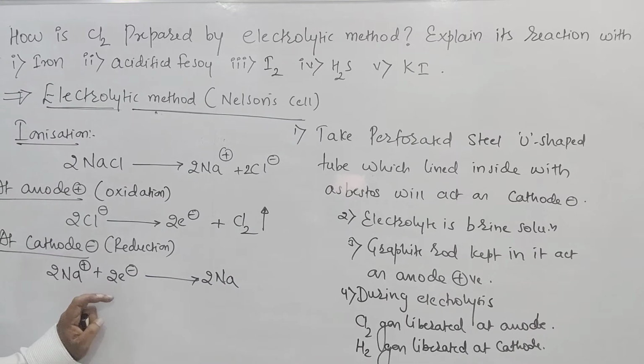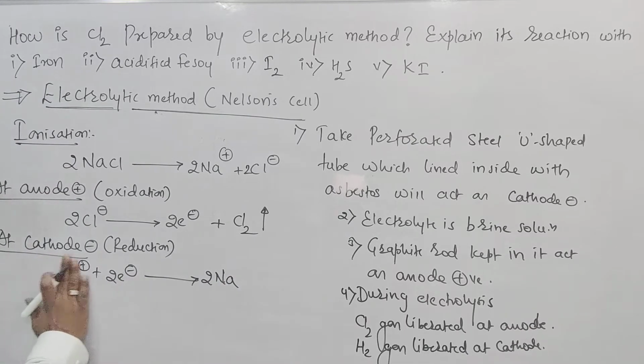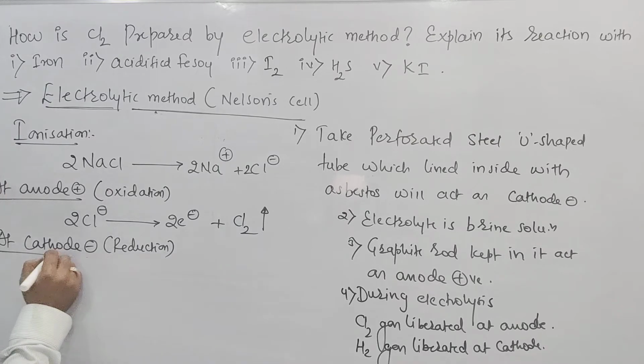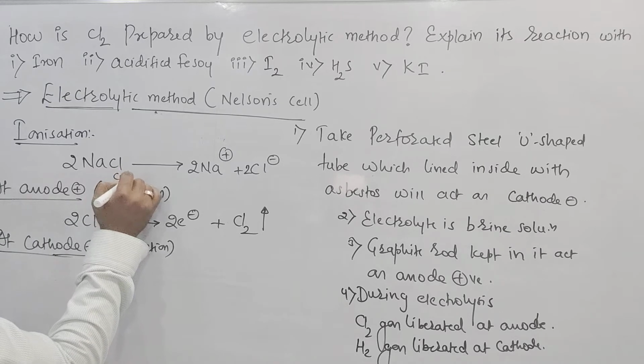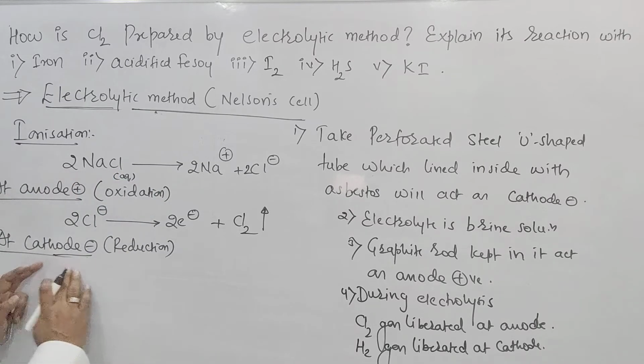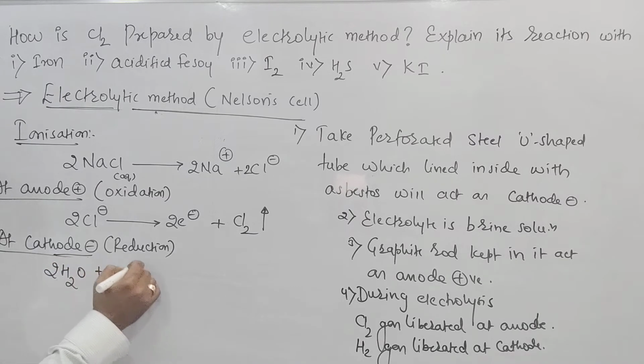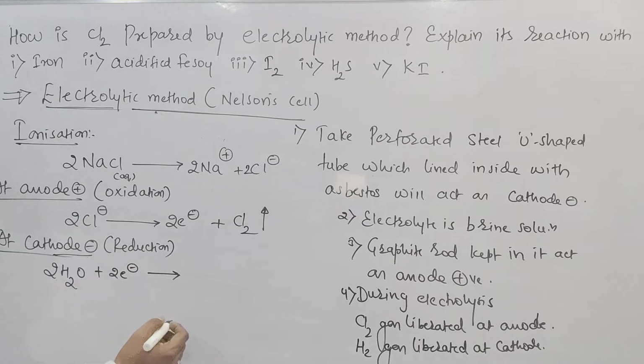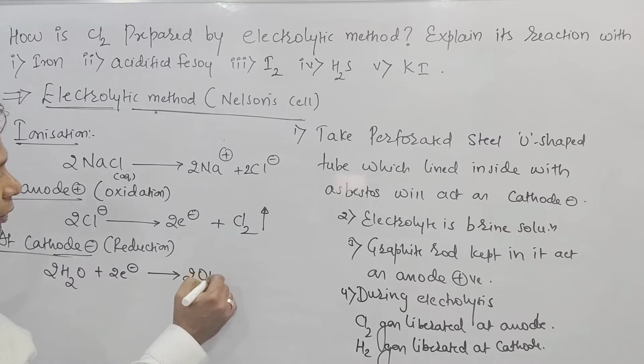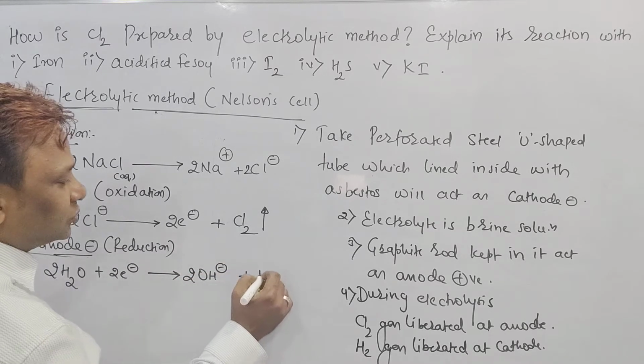But instead of writing this, what should you mention? The reduction potential is very high for the water molecule because it is in the aqueous medium. So, these 2 moles of water, by gaining 2 electrons, will be converted into what? 2 OH minus and H2 gas.